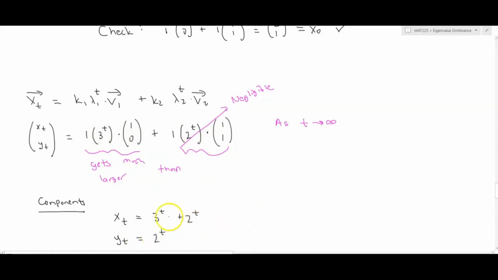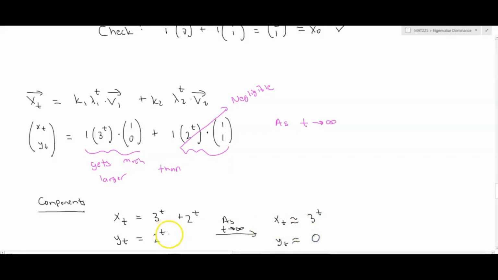And so you can see that as t approaches infinity, this term we said becomes negligible; it doesn't become 0, but comparatively to 3 to the t it becomes 0. So x_t is going to get infinitely large. We can say that as t approaches infinity, x_t becomes essentially 3 to the t, and y_t becomes, comparatively, 0.